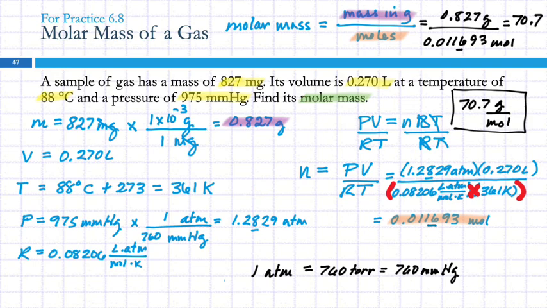So that's where the 760 came from. It can make your problem solving go faster if you memorize that one. There's 2 different units there, torr and millimeters of mercury. They're different names for the same thing. But there's only the one number, 760. And that's the one that gets used the most. It will be given on an exam, but it's a lot faster if you have it in your head. Don't have to look it up.